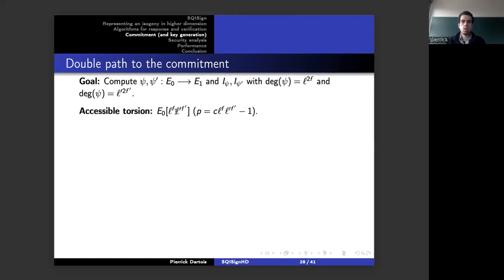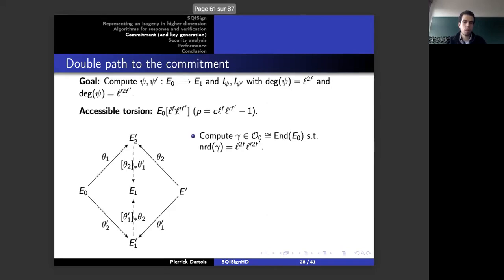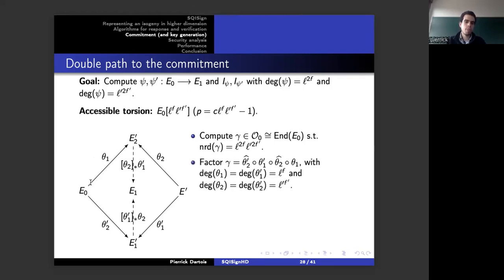Recall that this is the accessible torsion that we have. So what we do to do this computation is that we generate an endomorphism in E0 with the right norm, L^2F times L' ^2F', and we factor it two different ways. The first way is that way, and it's easy with the accessible torsion that we have. And the second way is that way.